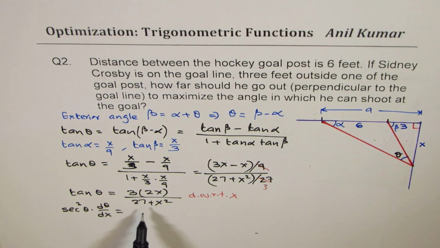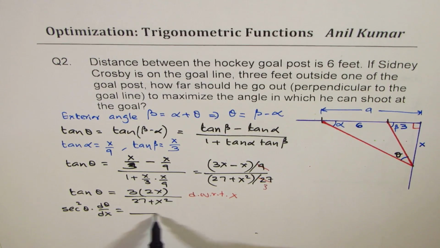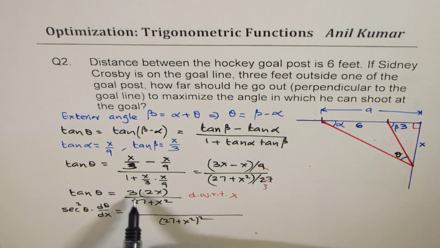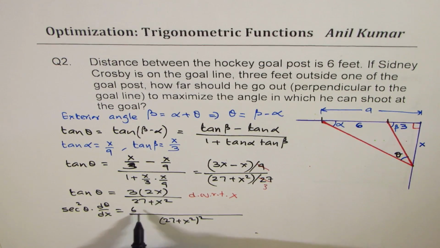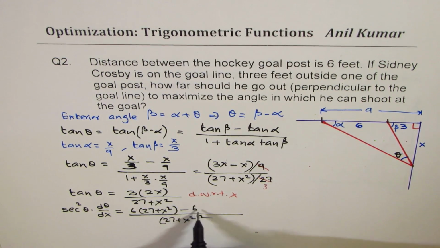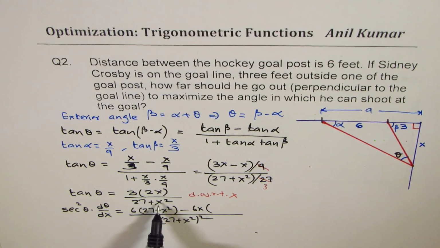And here we are going to apply the quotient rule. So we get 27 plus x square, whole square. This is 6x. Derivative of 6x is 6. 6 times 27 plus x square minus 6x times the derivative of the denominator, which is 2x.